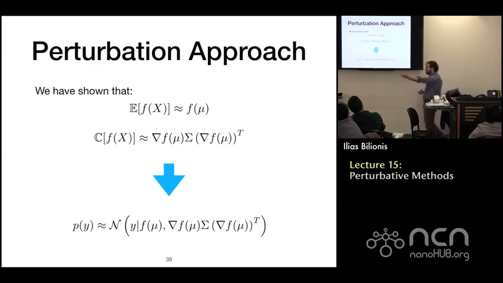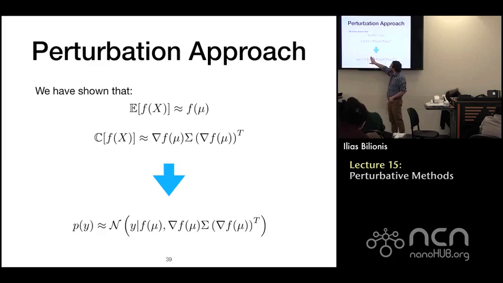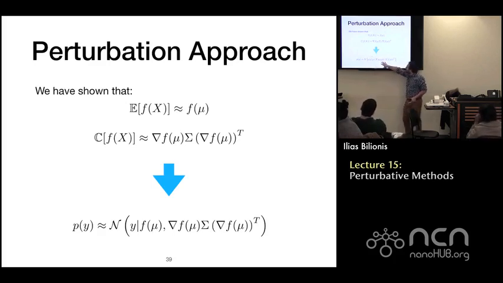You can approximate the probability density of the output of your model as a Gaussian, with the mean being your model evaluated at the maximum of your input probability density, and the covariance matrix being the covariance matrix of your input sandwiched between the Jacobian matrix evaluated at mu.